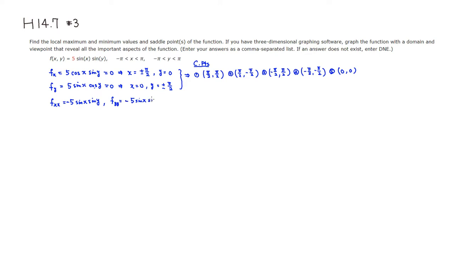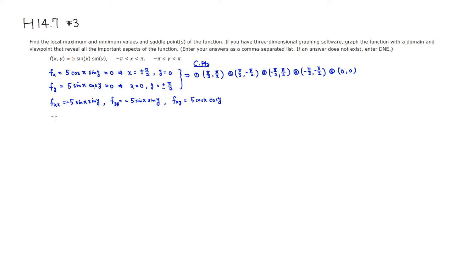So you have sine of y. And then the mixed partial, f_xy. We take the derivative of that with respect to y. So it's going to be 5 cosine of x, which is just a number, and the derivative of sine is cosine of y. So we have that.